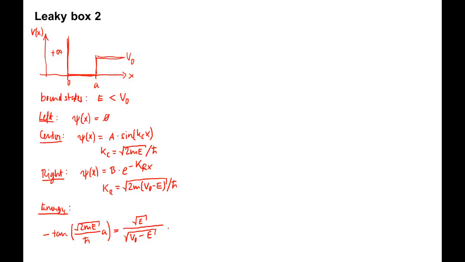Let's plot both the left-hand side and the right-hand side of the equation as a function of E. That looks like this. The left-hand side looks like this. Actually, this is the right-hand side. The left-hand side looks like this.